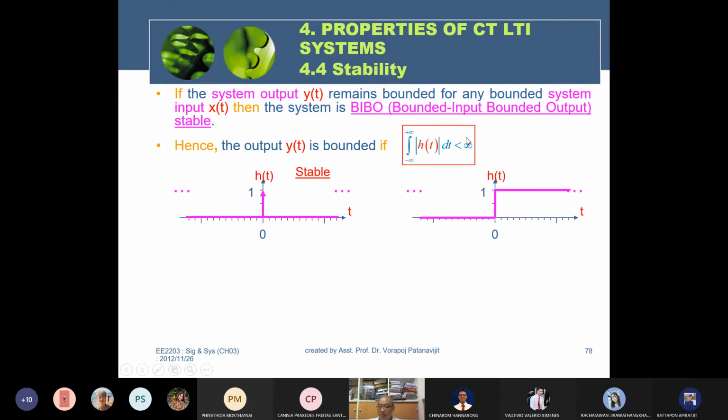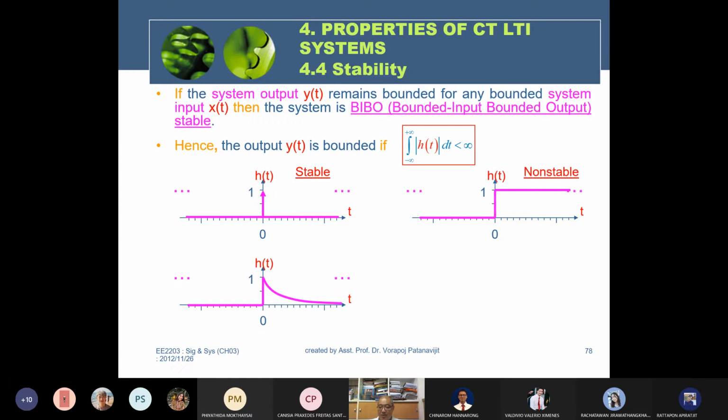But here, you check whether it is stable by integrating this cloud, which means finding the area under it. The height equals 1 and the width equals infinity, therefore the area equals infinity. If the integral gives you infinity, the system is non-stable or unstable.